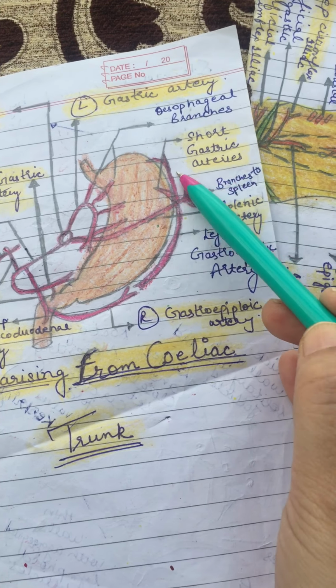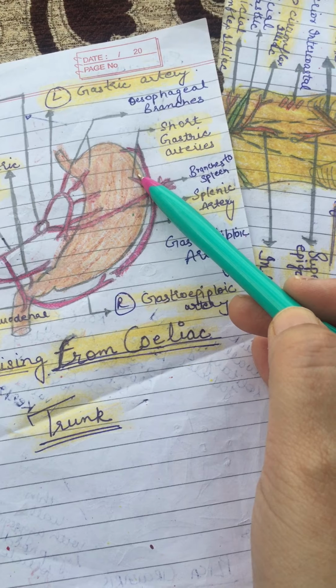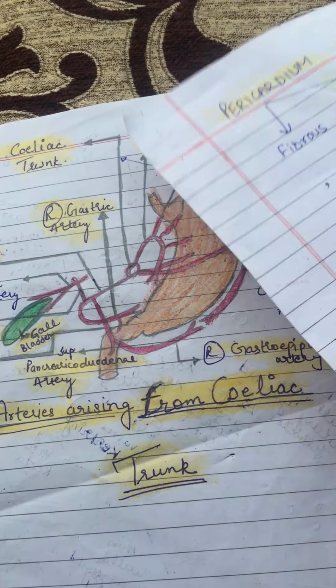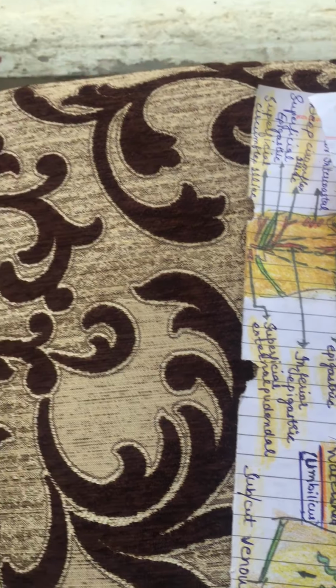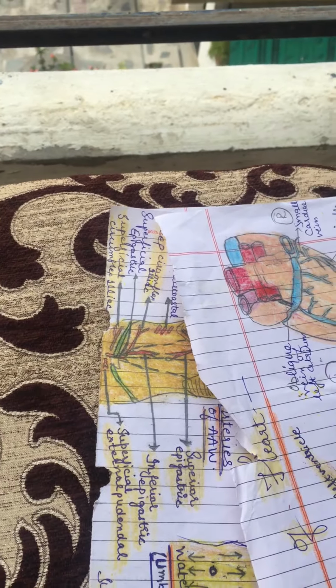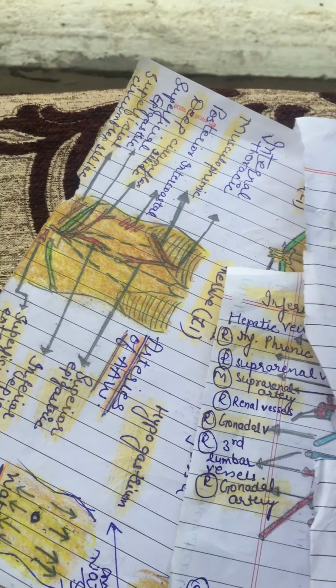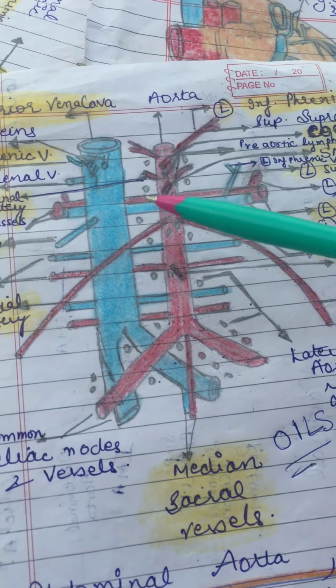I have drawn here short gastric arteries, which are also branches of splenic arteries, right? So this is all about the blood supply of the stomach.